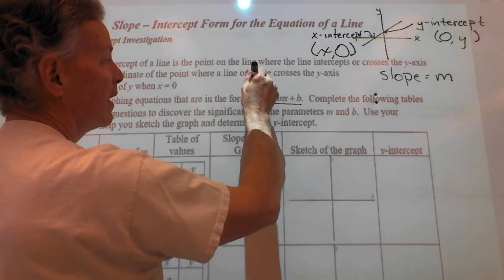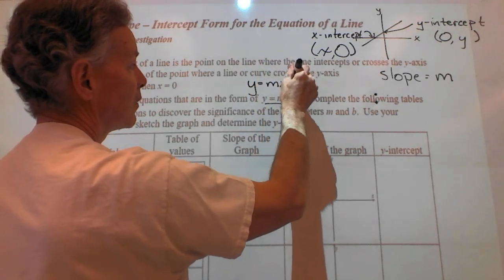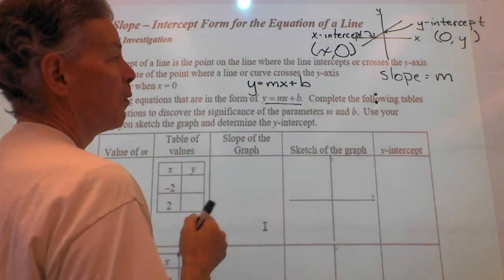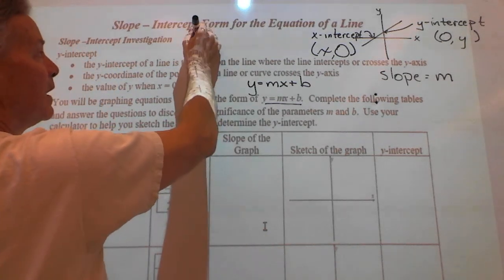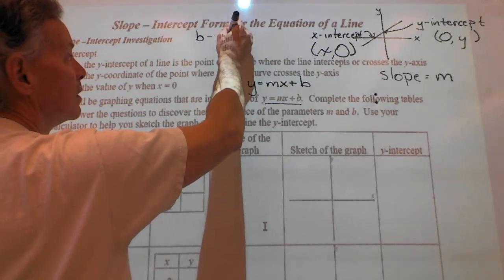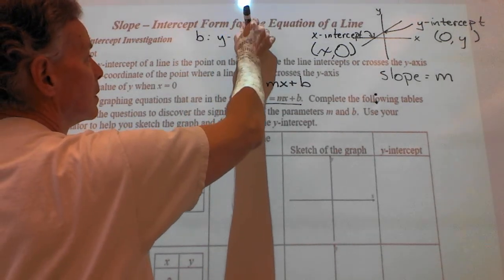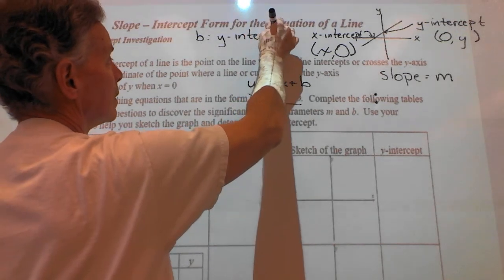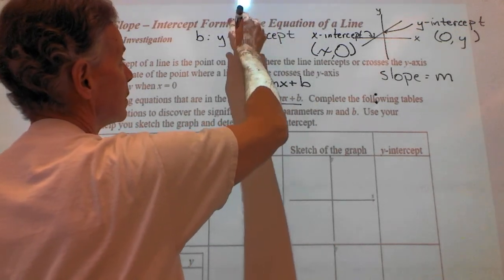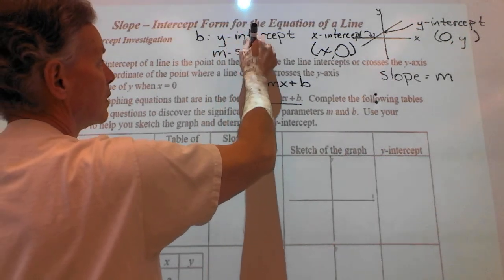It's y equals mx plus b, where b is your y-intercept, and m is your slope.